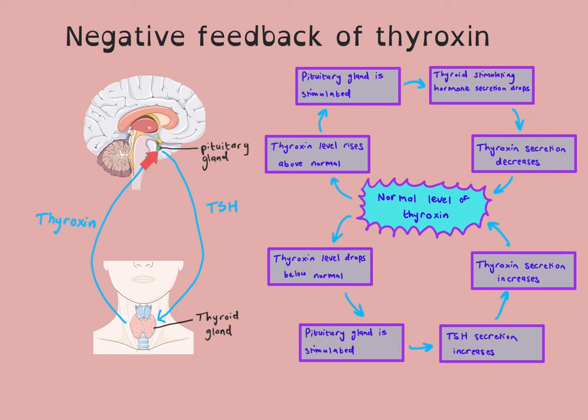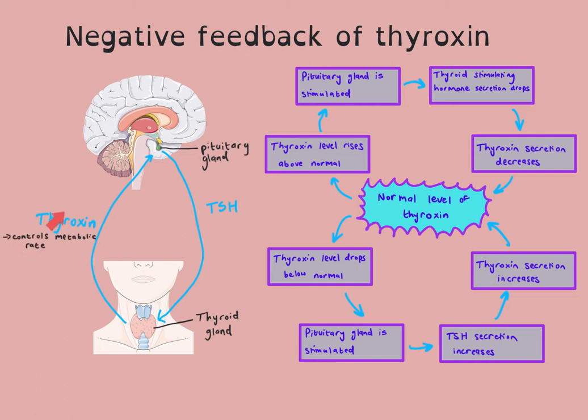So the pituitary gland secretes thyroid-stimulating hormone, which travels in the bloodstream to the thyroid gland. Obviously, that will stimulate the thyroid gland, because it's thyroid-stimulating hormone, to do more of its thing, which is secrete thyroxin. Remember that thyroxin is the hormone that controls your metabolic rate.